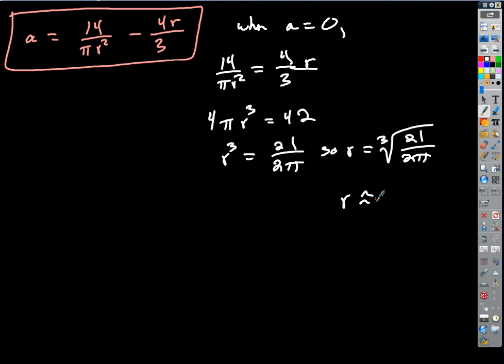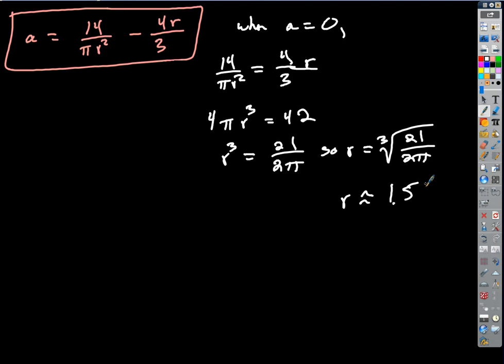We wanted the cube root of that though. That doesn't seem right. 21 over 2 pi is about 3-ish, so it's got to be 1 point something. Does that have to be in gradient? No, it doesn't make any difference. 1.5, about.